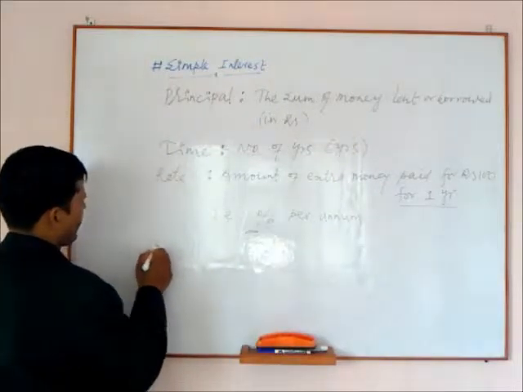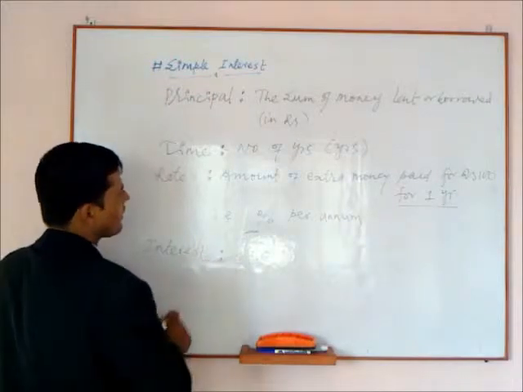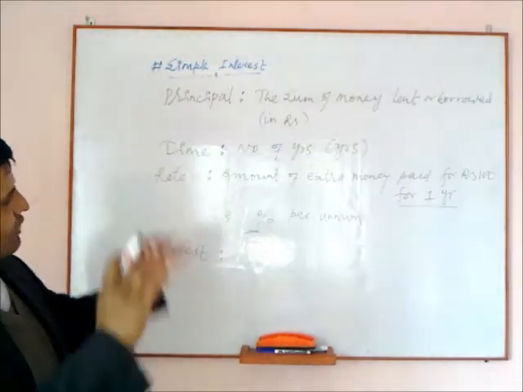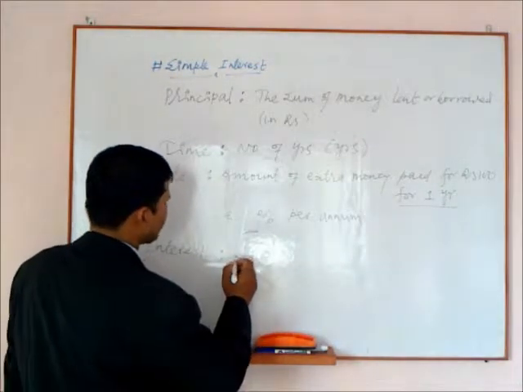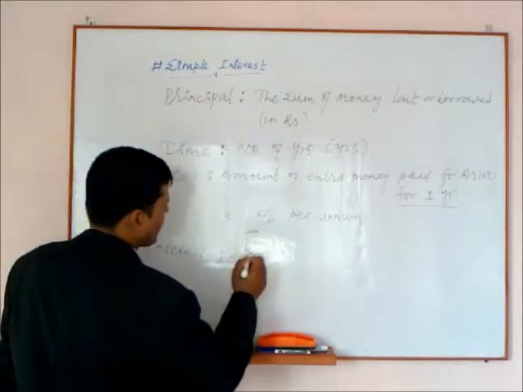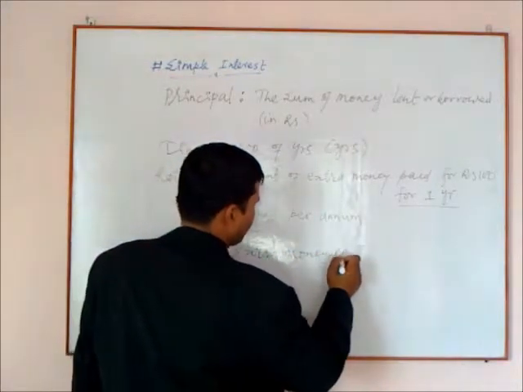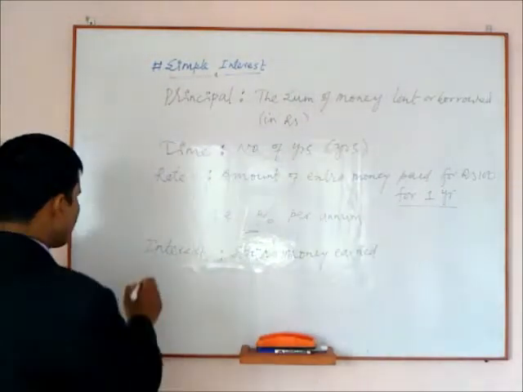Then I for interest. Interest is that extra money for the whole duration of time, for the whole sum of money, that is in rupees. So extra money earned. Then amount.